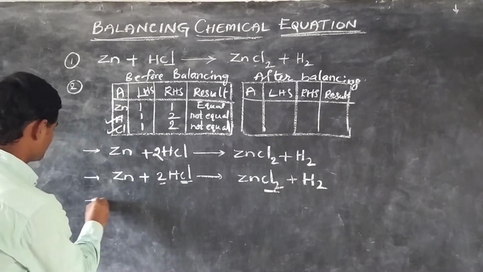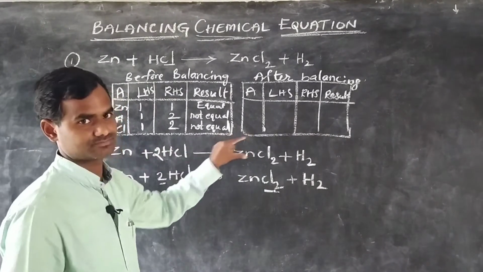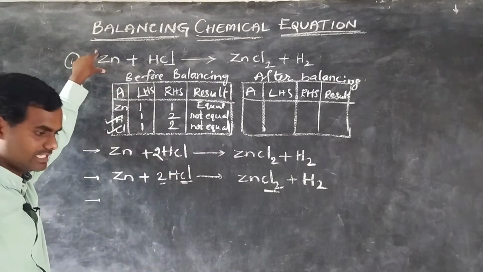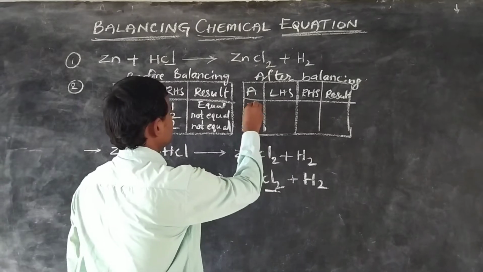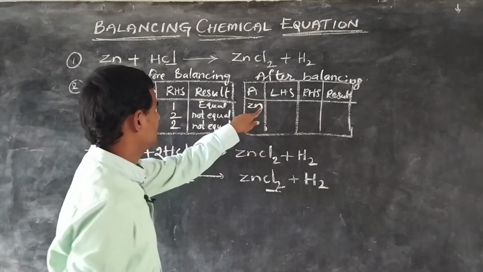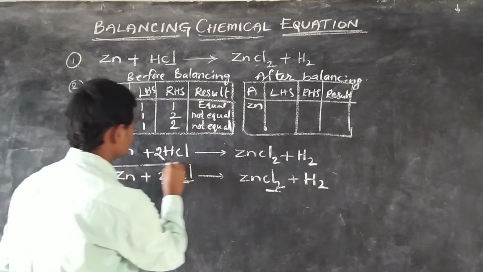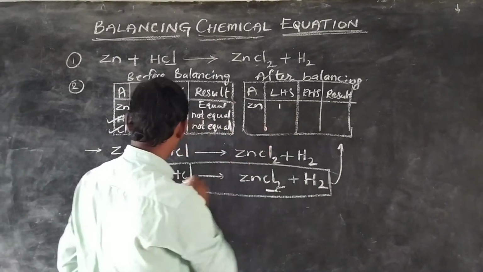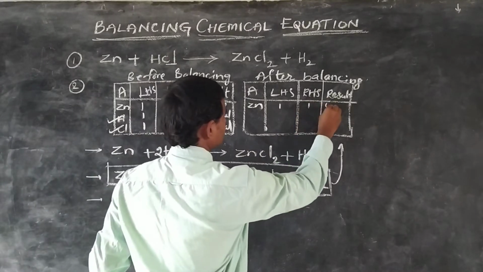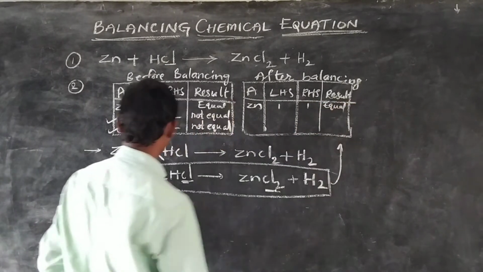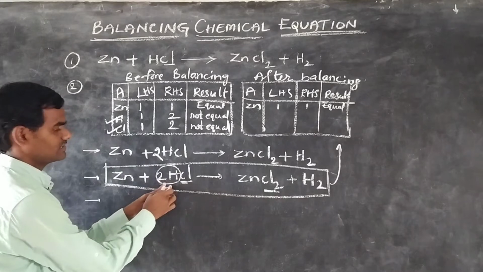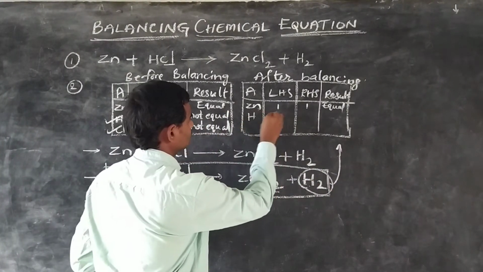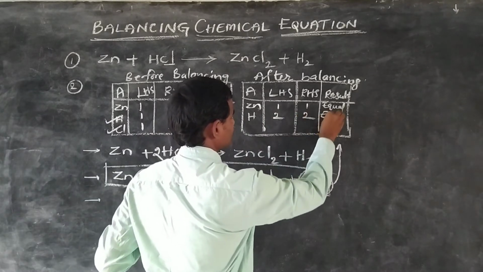Now, we will check whether the atoms present in this equation are equal or not. First we will see zinc. Zinc on left hand side is 1, on right hand side also 1. So, it is equal. Next, hydrogen on left hand side 2, hydrogen on right hand side 2, equal.